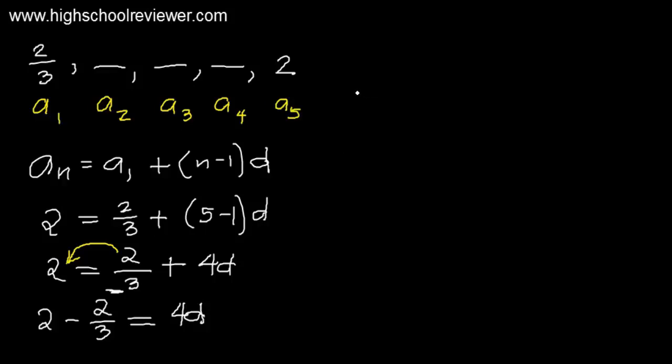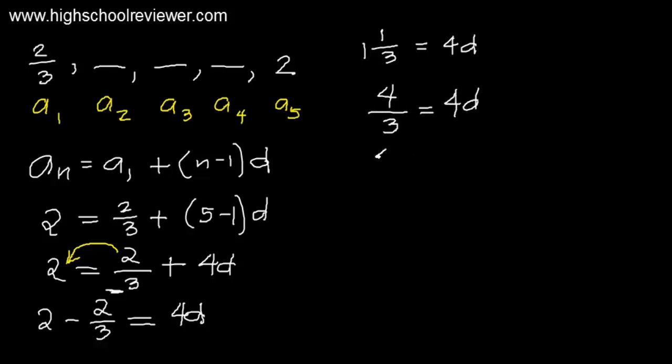So let's compute. 2 minus 2/3, this will give us 1 and 1/3. So we will have here 1 and 1/3 equals to 4d. Okay, so we can compute this as improper fraction. So we will multiply 3 multiplied by 1, that is 3, and 3 plus 1 is 4. So this will become 4 over 3 equals to 4d.